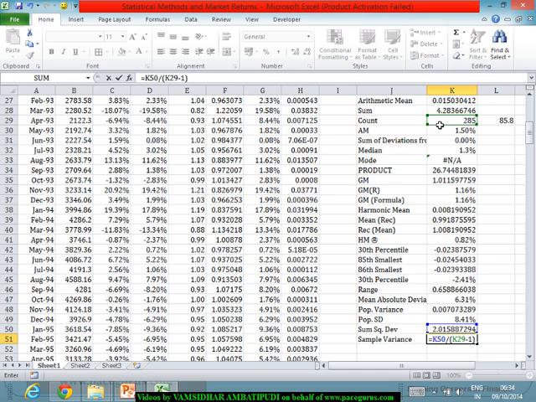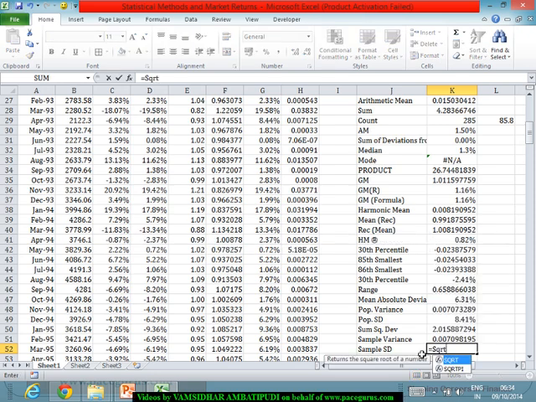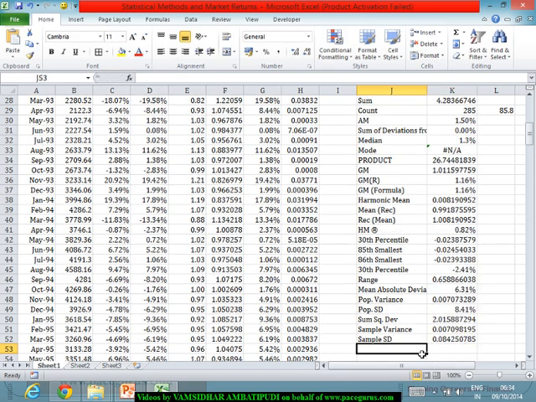So the sample variance comes out to be slightly higher, and if I am looking at the sample standard deviation, again I'll take the square root of the sample variance. In this case the sample standard deviation is slightly higher, 8.43%, whereas the population standard deviation is 8.41%.